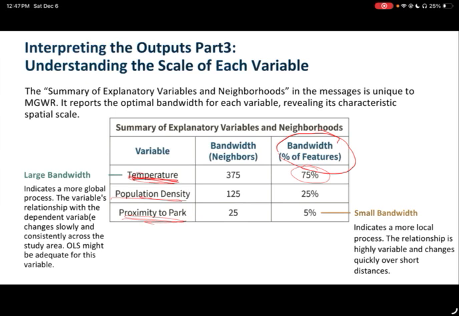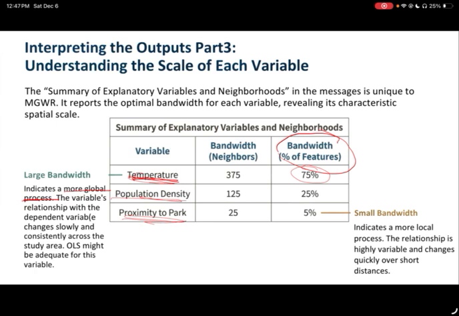A larger bandwidth indicates a more global process, which means they include almost all data, similar to OLS. So the variable relationship with the dependent variable is very similar to OLS and changes slowly, consistently across the study area.